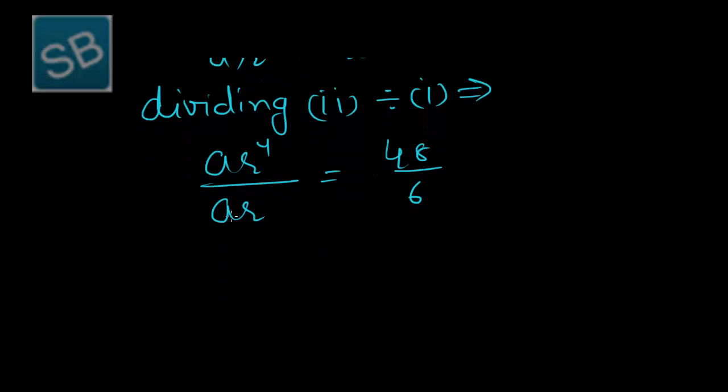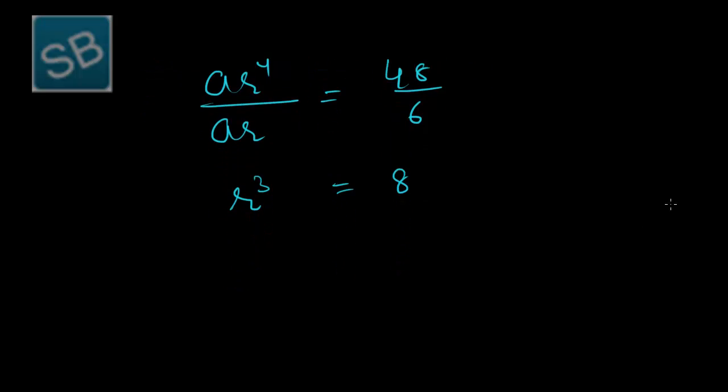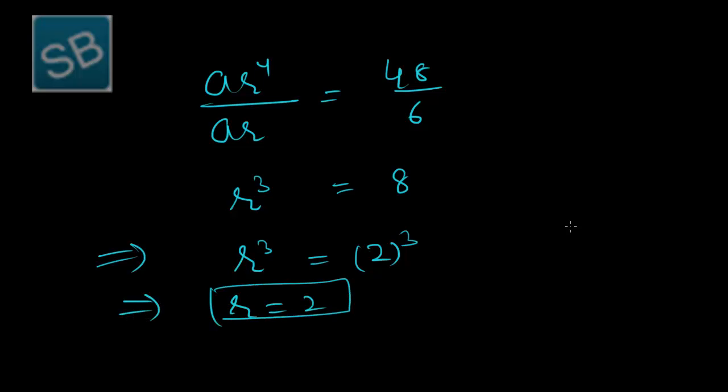So, on cancelling the same factor, we get R raised to power 4 into R raised to power minus 1, that gives R cube is equal to 8, since 6 8s are 48. Now again, taking cube root of 8, it gives the real root R is equal to 2. So we get R is equal to 2.